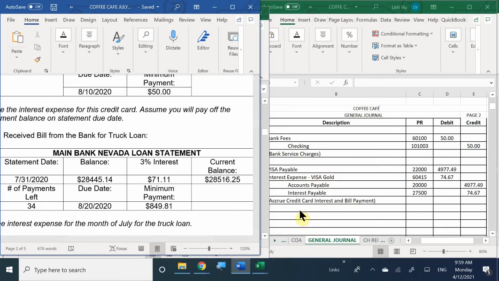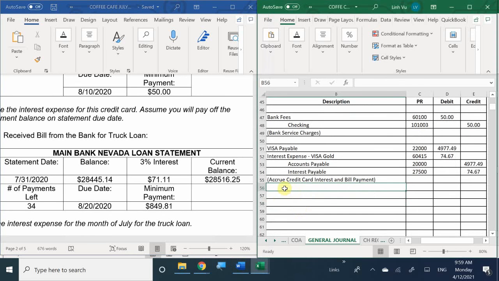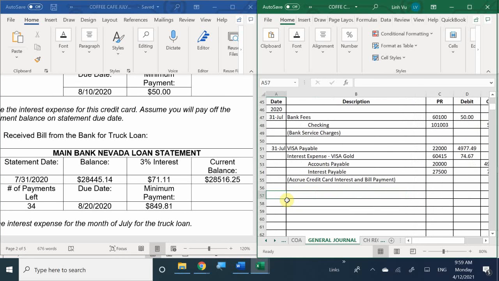So let's go ahead and do this once again. I'm going to reduce my truck loan, because this is my bill. Once again, interest is completely separate from the actual truck that I owe. It's extra money I owe because I borrowed money. So I need to recognize interest expense.